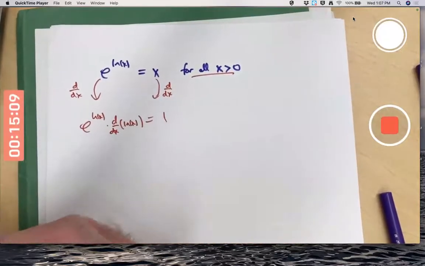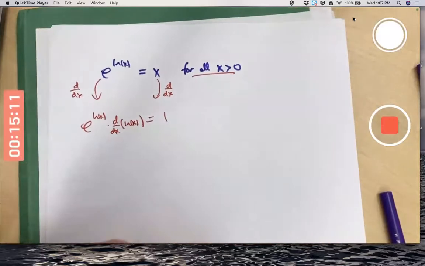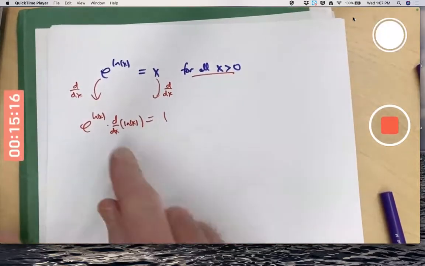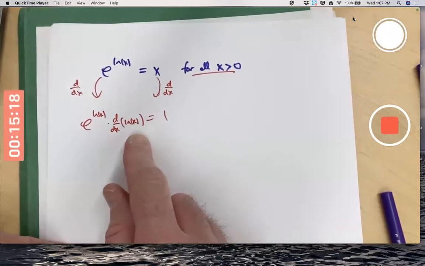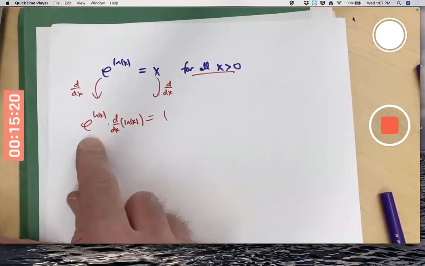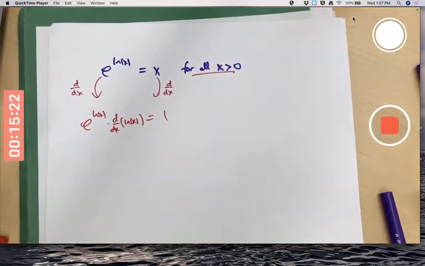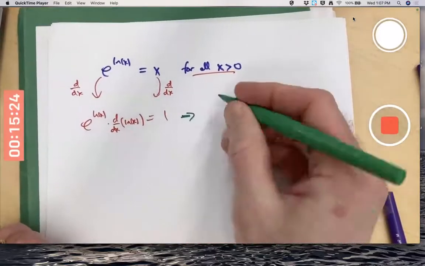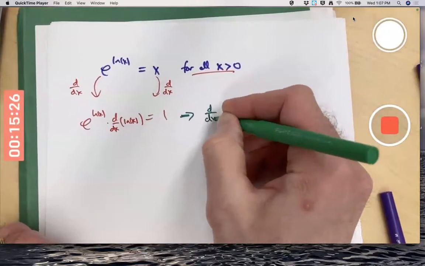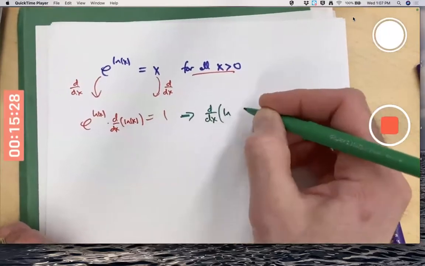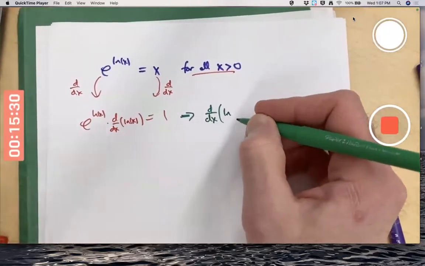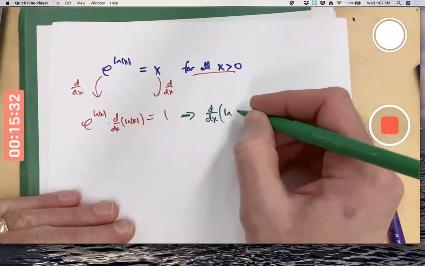Then you look at this equation for about 5 hours, and all of a sudden you realize, hey, I could solve this equation for the derivative I'm trying to find, couldn't I? Couldn't I just divide both sides by this? Sure. As long as I'm not dividing by 0, which I'm not, because remember my old teacher who talked like this? Yeah, yeah, e to a power is never ever 0.